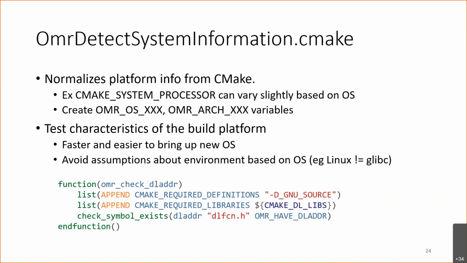As an example, a lot of places in the port library will assume that if we're building on Linux, that means we're using glibc, and we can use some various glibc extension functions. However, while that might be the case for our internal builds, that's not necessarily the case for everyone. You could be building on Alpine Linux, in which case you have the musl C library instead.